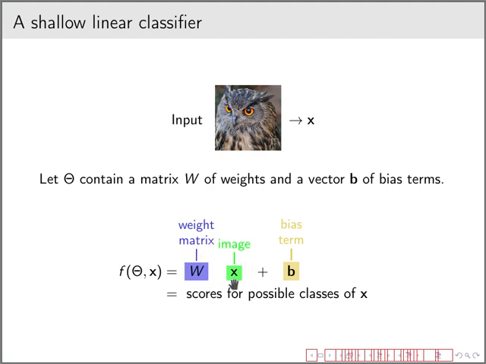By multiplying x with this matrix and then summing the bias. This was designed just to make this an affine transformation. So it basically performs a linear combination of all pixels in the image, and our output is going to be scores for possible classes of x.